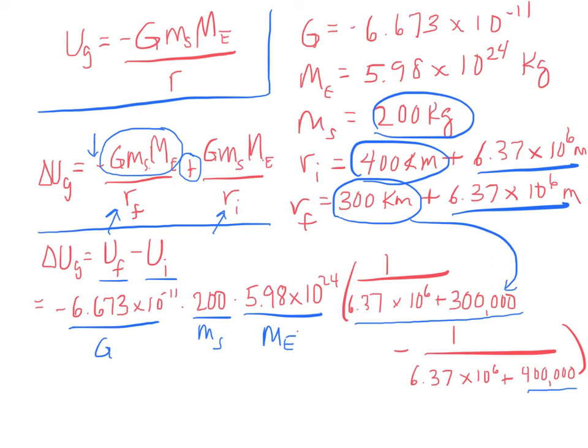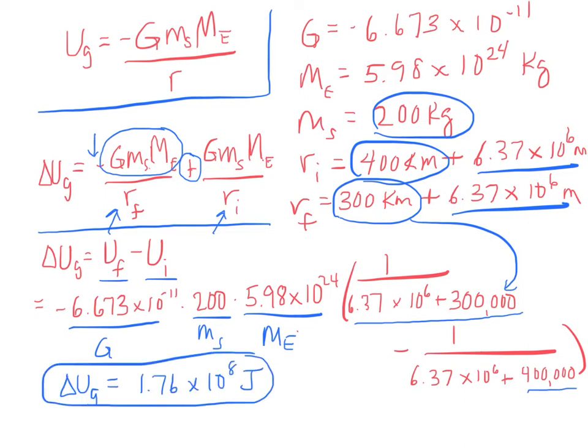I'm going to go offline and I'll calculate an answer just so you have an idea of what the change in gravitational potential energy is. Okay, the answer I get is the change in gravitational potential energy is 1.76 times 10 to the 8th joules in my example. Now I know there's a lot of numbers, so I don't want you to get confused by that, but it's actually a negative.